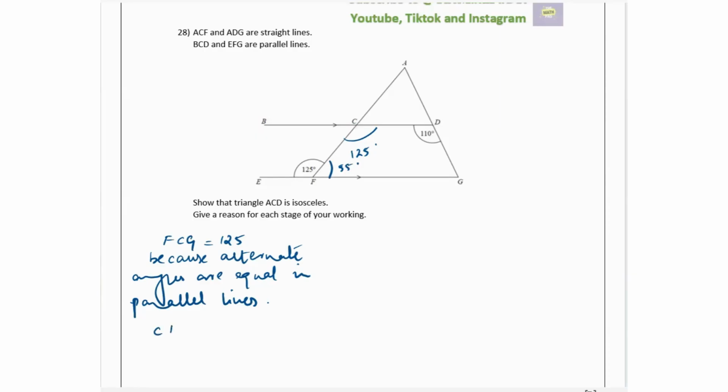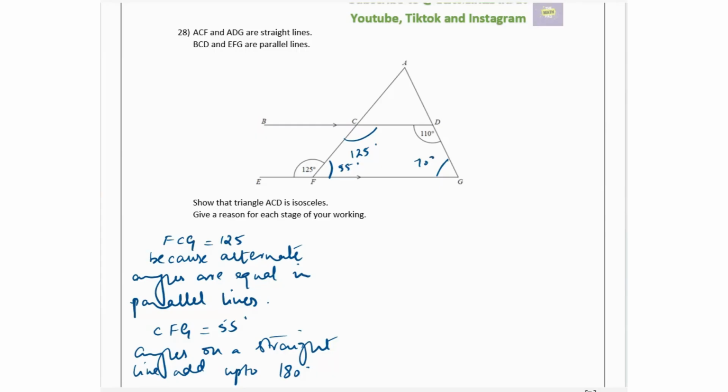So CFG equals 55. Angles on a straight line add up to 180 degrees. Then after that, this angle would be 70. Why? Because co-interior angles add up to 180.